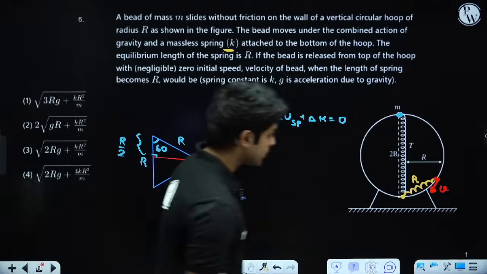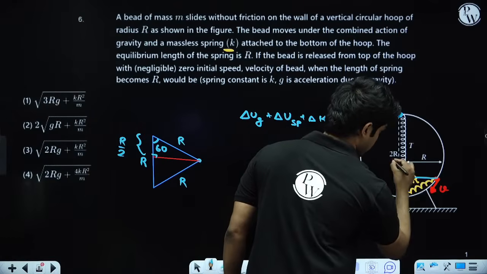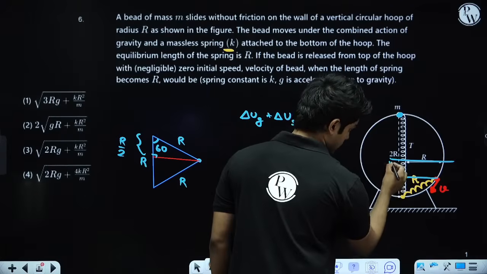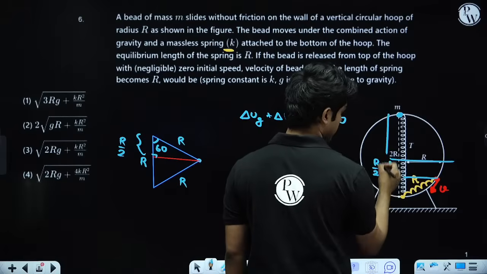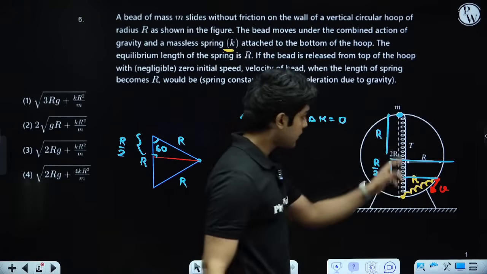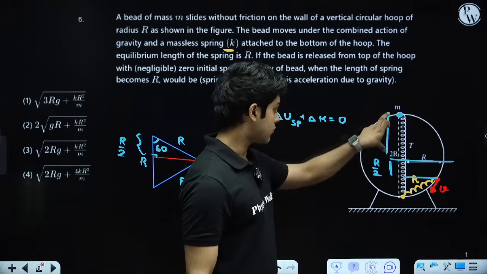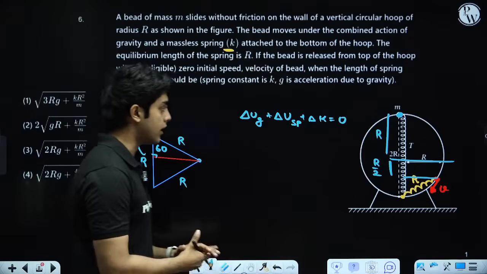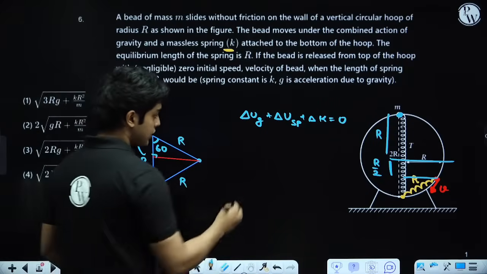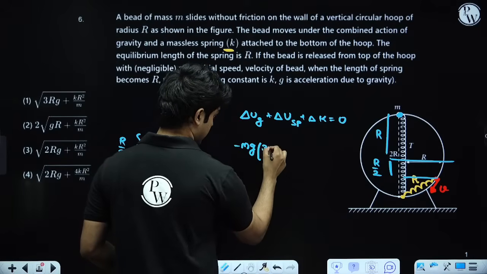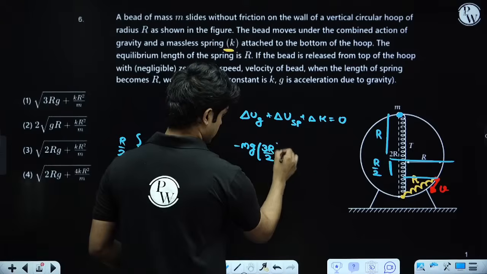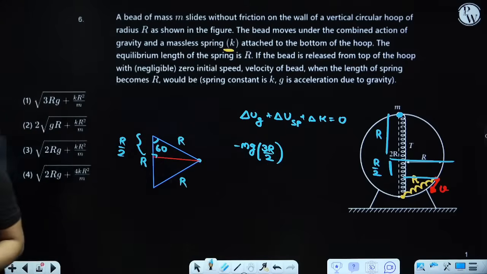If this is the center of the circle, this height is r by 2, okay? And this height was obviously r. So basically the mass m fell down by a distance of r plus r by 2, which is 3r by 2. So the change in gravitational potential energy is minus mg multiplied with 3r by 2, right? The gravitational potential energy dropped.